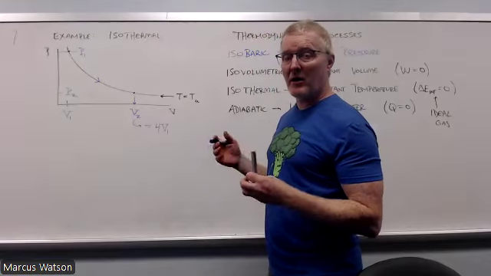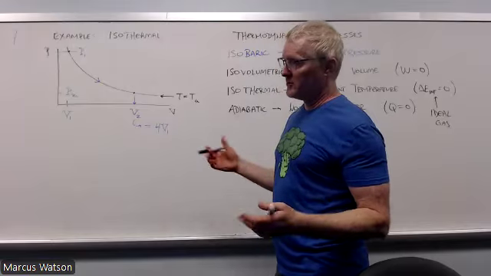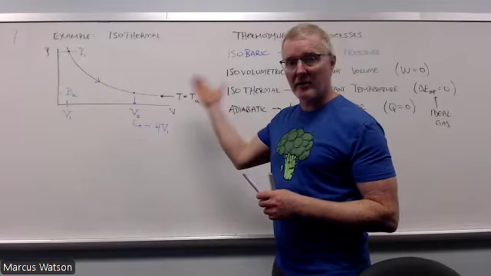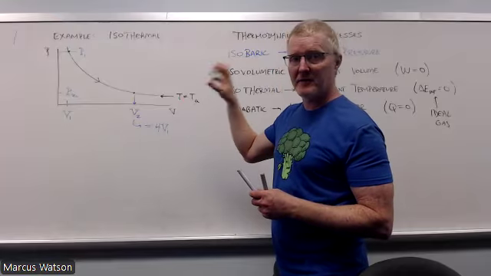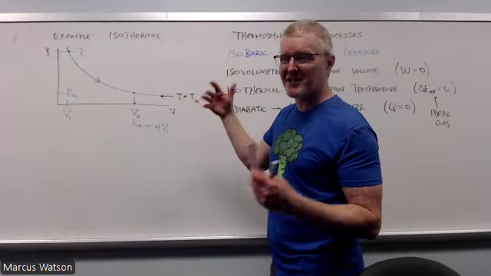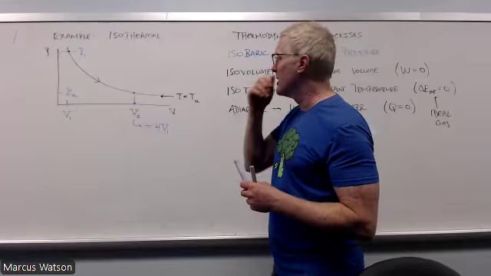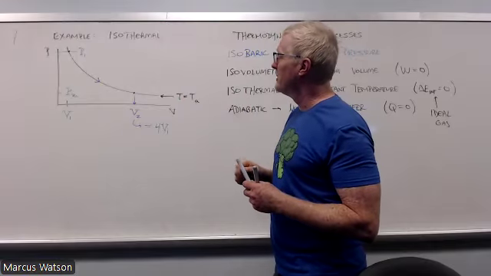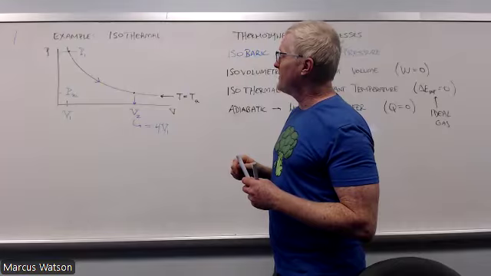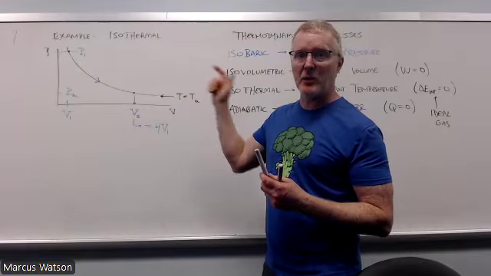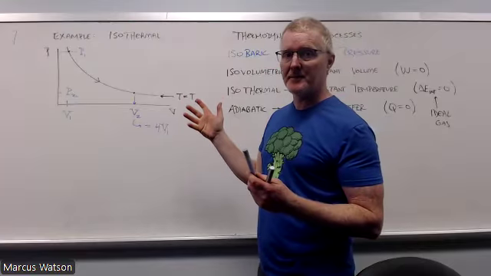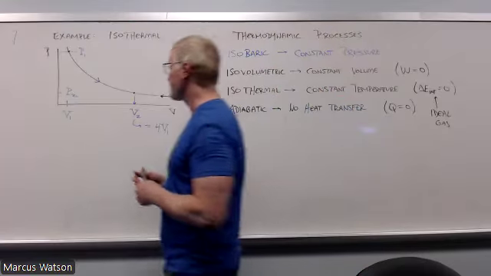Now, in this case we're talking about our sample, which is an ideal gas, fixed amount of material, I would say number of moles, fixed number of particles. What that means is I can write the equation of state for both state 1 and state 2 individually, and I can relate them.